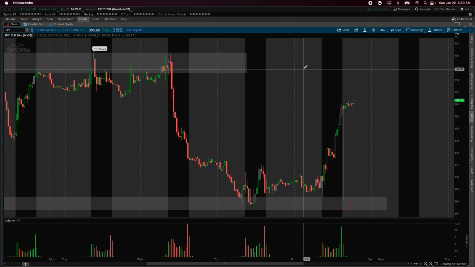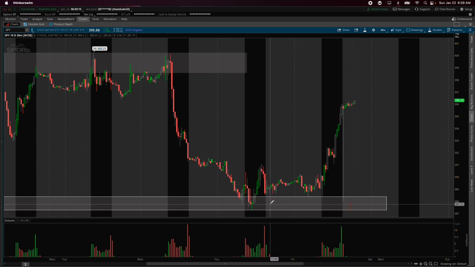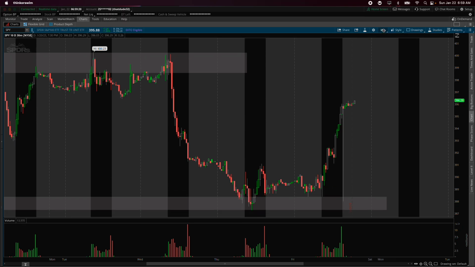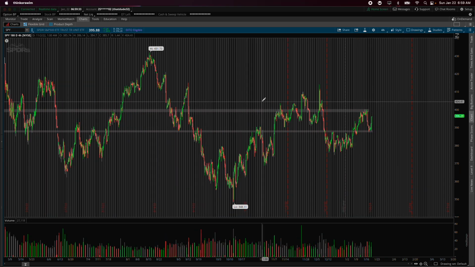Okay, so here's what I like to do. Once I have my zone there, I like to go into the 4 hour with roughly half a year to a year of time, could be bigger, smaller. I just like to see a decent amount of historical price action.